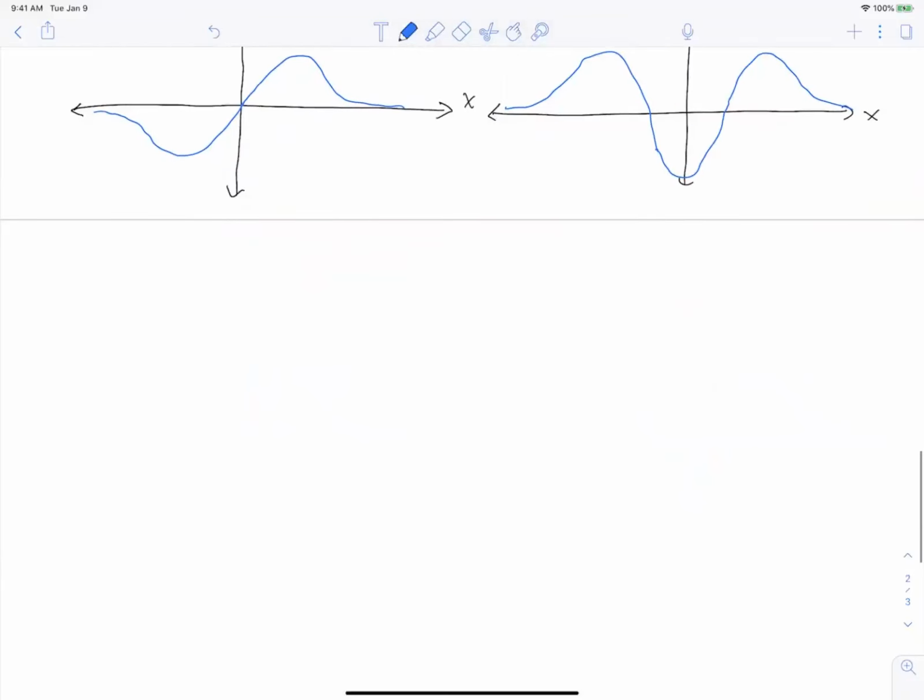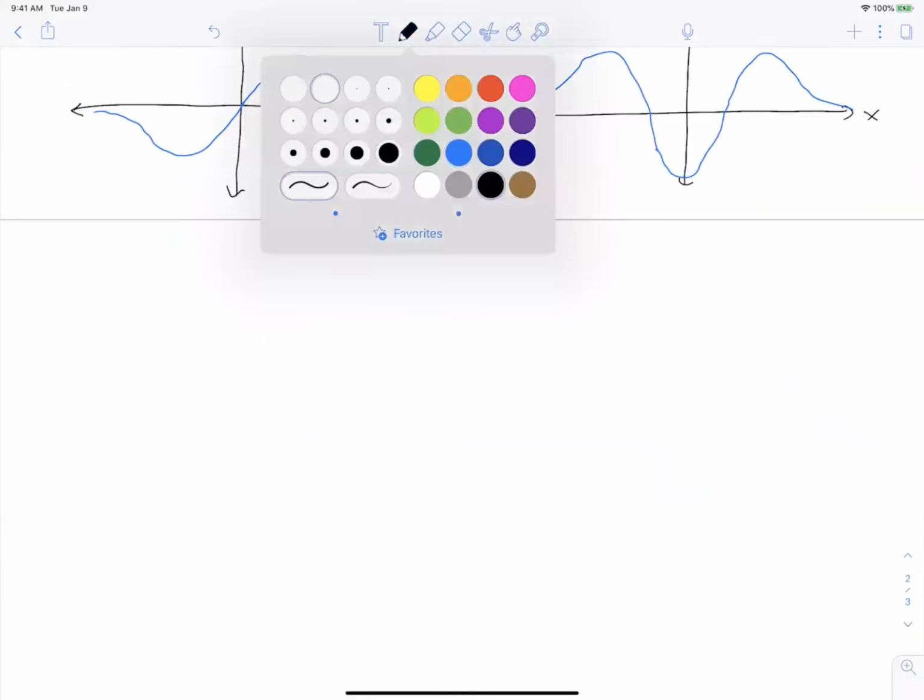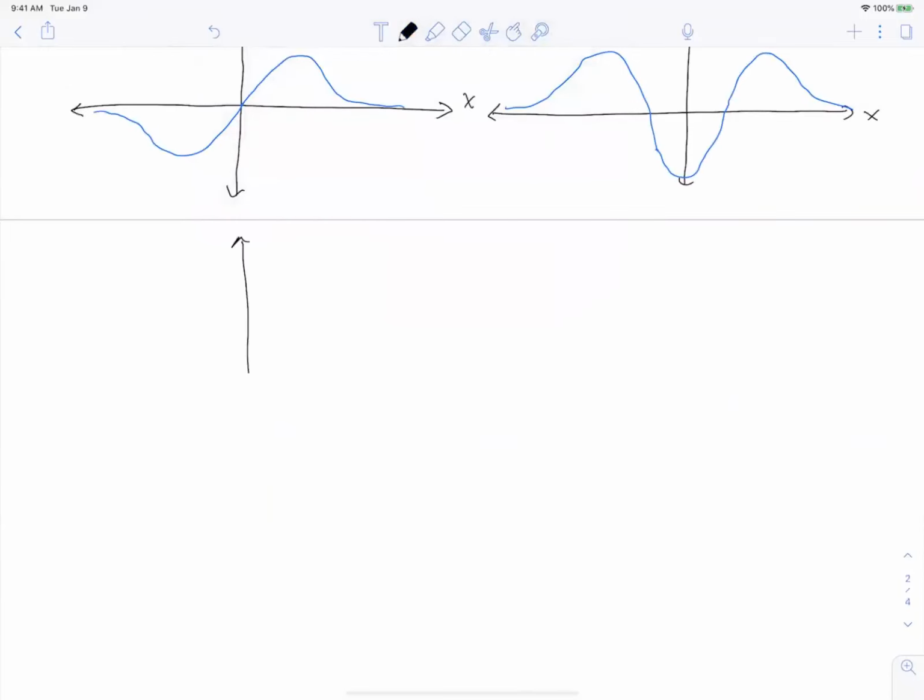Then let's draw psi 3 of x, just to have some examples. The 3 is an odd number, so that's telling us that it's going to be odd parity.